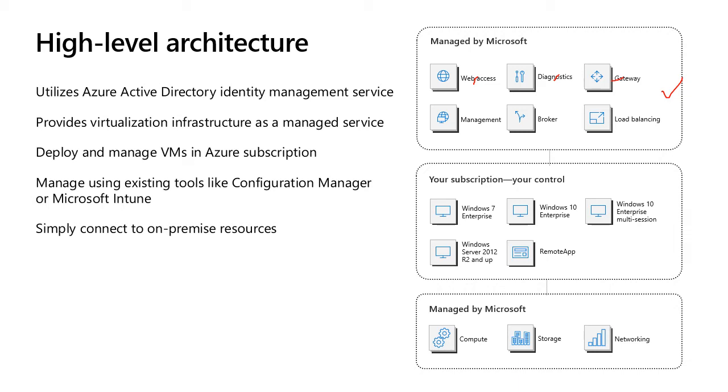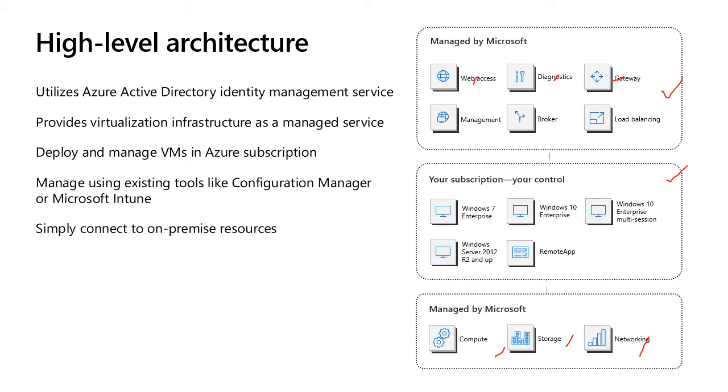And we just provide you the tools for you to do the management and the other stuff that you need to do. Now, once you've configured the virtual desktop environment on the server side, you have this box right here, which represents your subscription. So you can now start serving Windows 7, Windows 10, and RemoteApp capabilities. The compute, the storage, and networking required to run the virtual desktop backend is managed by Microsoft.